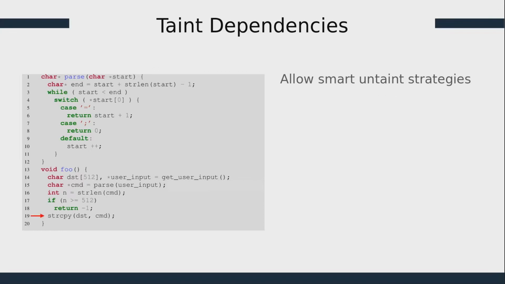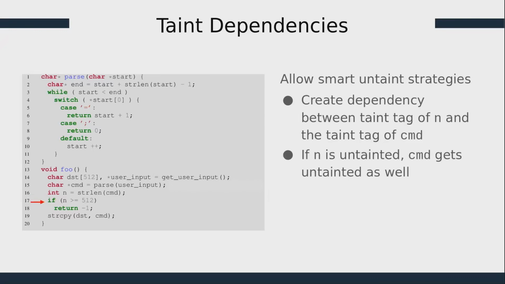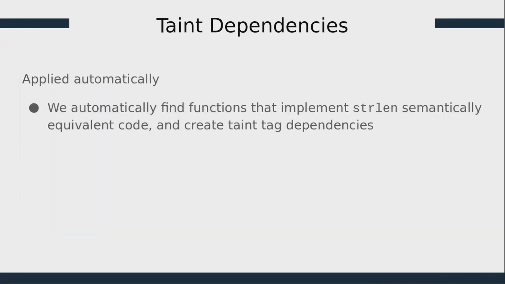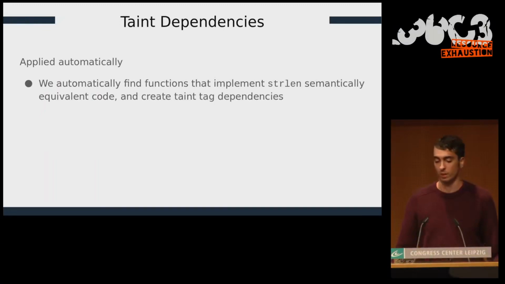To fix this problem, we create a dependency between the taint tag of n and the taint tag of CMD. When n gets untainted, command gets untainted as well, so we don't have more false positives. This procedure is automatic, and we find functions that implement string length semantically equivalent code and create taint tag dependencies.